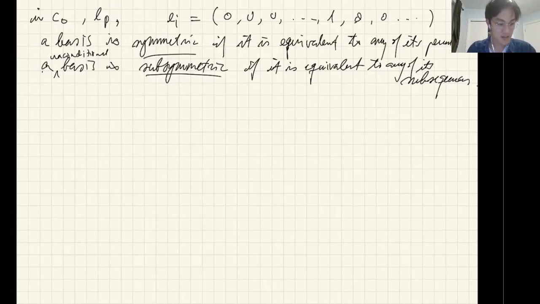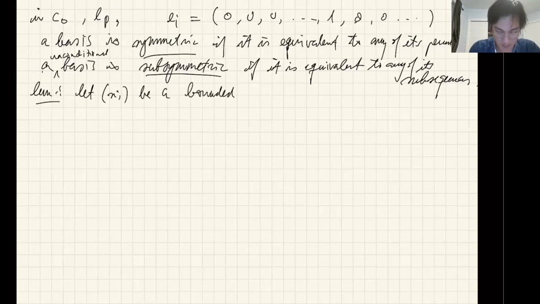Okay, so we're going to get to our first lemma. The proof's in the notes, but let x_i be a bounded from above subsymmetric basic sequence.